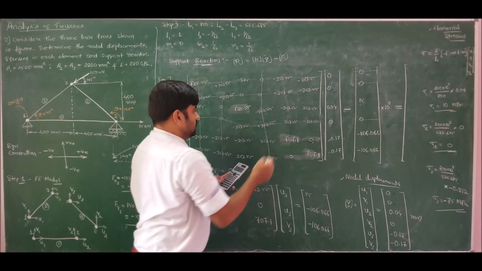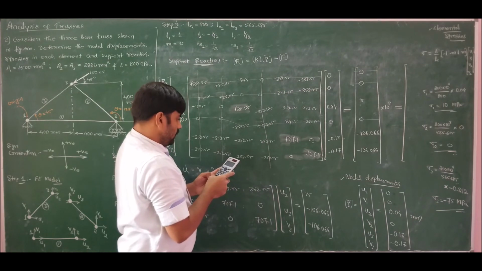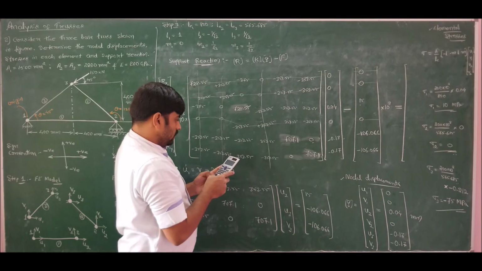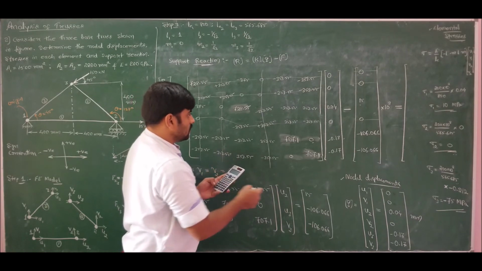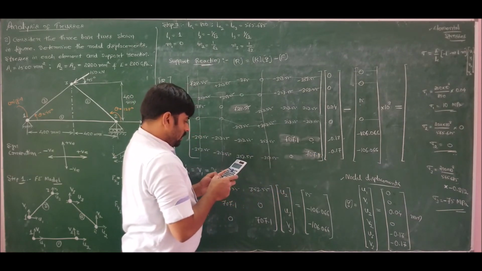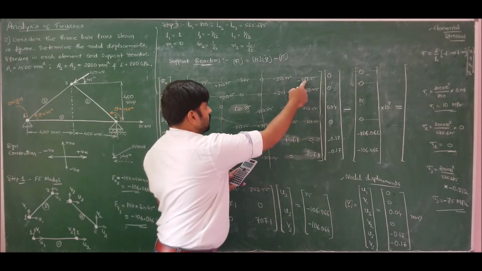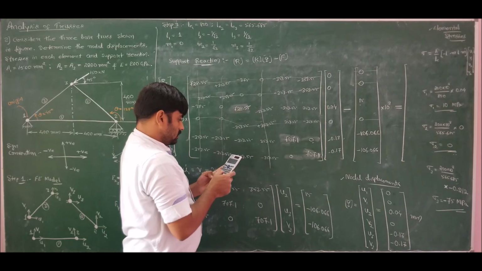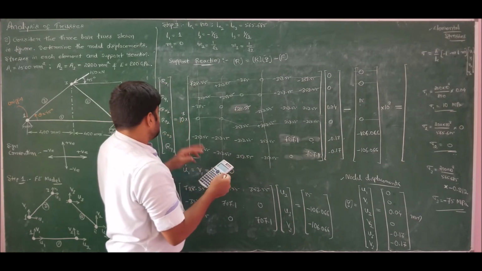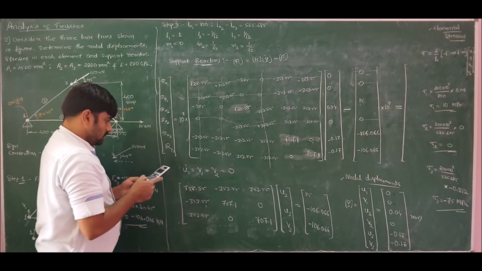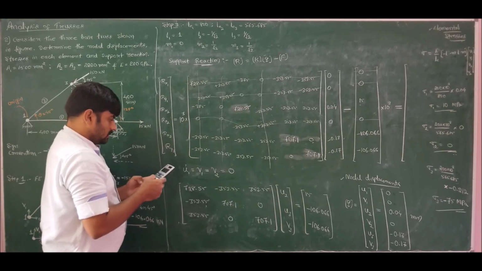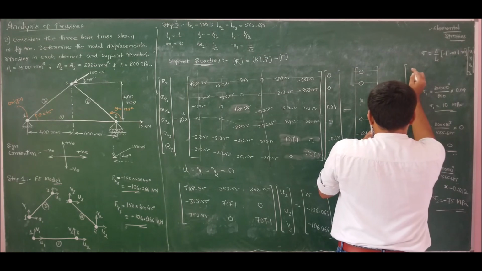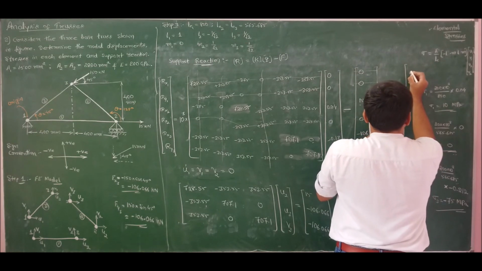This will get multiplied with this term, minus 353.55 will get multiplied with minus 0.13 plus minus 0.17 which gets multiplied with minus 353.55. So the entire answer is multiplied with 10 power 3. Minus we have 0 load, so therefore the answer is 91,065.